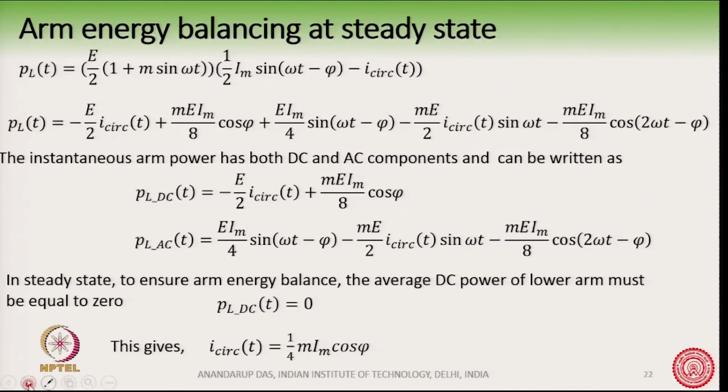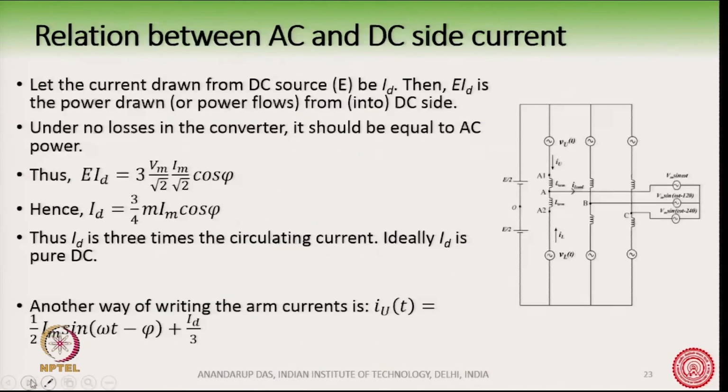We also noted that the AC and DC side current can also be obtained from that expression, 3/4 m I m cos phi, that is the total DC current.